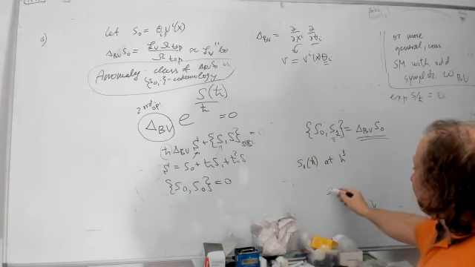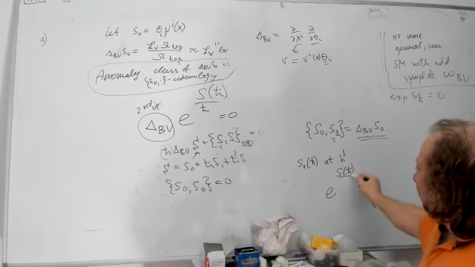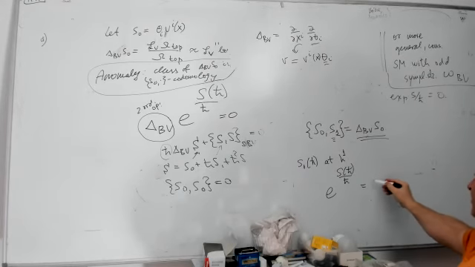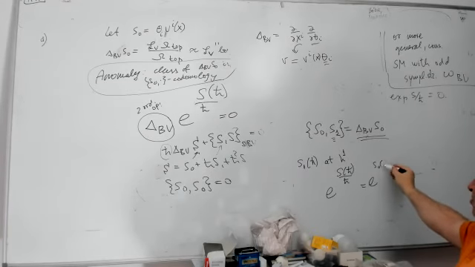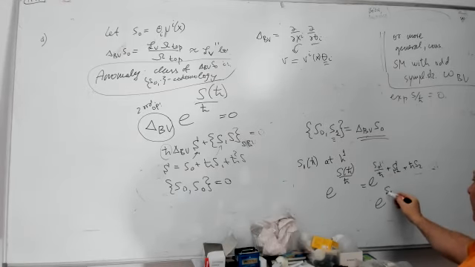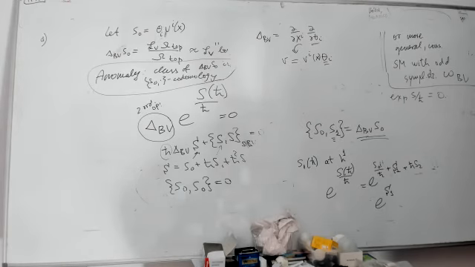So in the expression U of S over H, we can rewrite it like this: e to the S0 over H, and here we have S1 without H, and here we have higher terms, H times S2, etc. So e to the S1 would stand in front of the measure if we are going to do a functional integral with it.